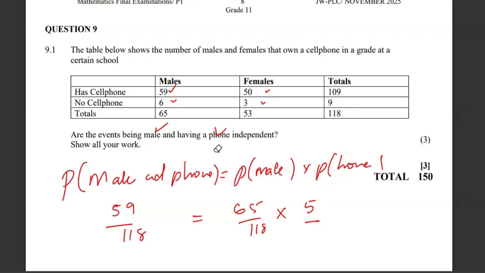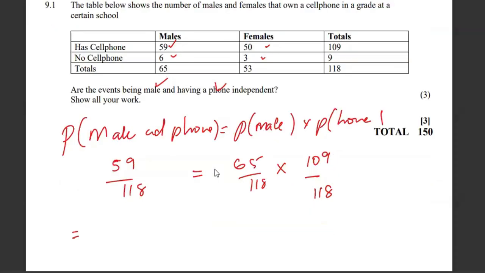No. It's going to be 109 over 118. So on our left-hand side, it's going to be 59 over 118, which becomes 0.5. And then to the right, 65 over 118 times 109 over 118.